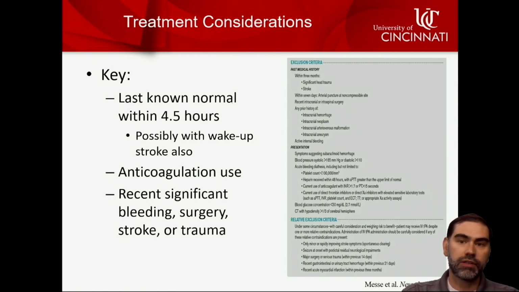But reasons to exclude patients, even within those 4.5 hours, are the whole list there in that gray box. You don't have to see it, but just recognize that there's a lot that goes into the consideration about weighing the risks and the benefits. The most common ones are anticoagulation use, recent bleeding, recent surgery, trauma, these sorts of things.